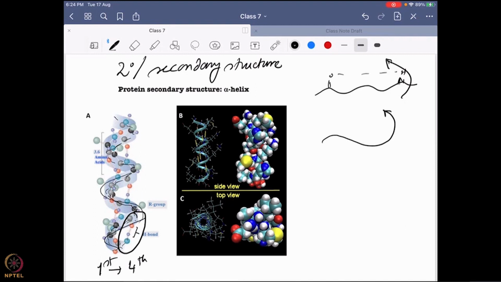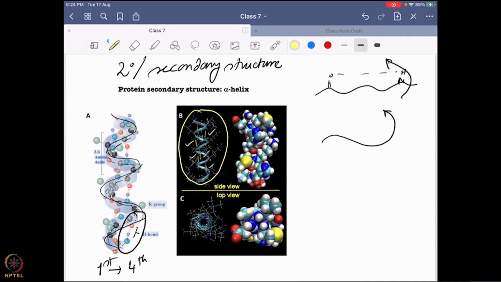And by that, it actually ends up creating this kind of helical structure, which can be seen very interestingly over here. So these yellow dotted lines over here, these are the hydrogen bonding: first to fourth. Then these two, first to fourth. This to this, first to fourth.